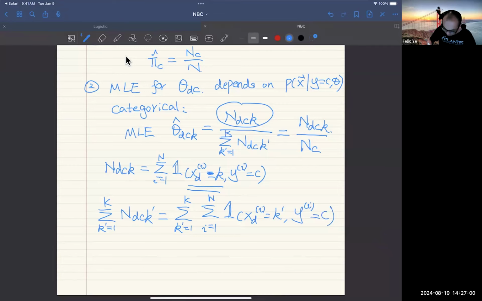If we sum them together, it becomes the sum over i from 1 to n of the indicator function of yi equal to c. So this becomes nc. This is slightly trickier, but that's how we have it here.